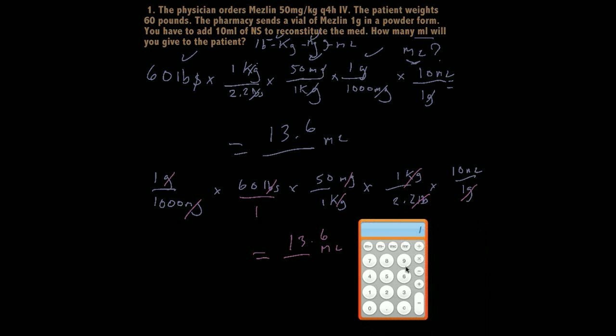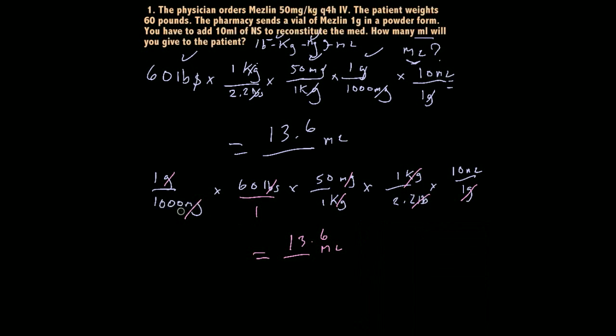So I've got 1 times 60 times 50 times 1 times 10 divided by 1,000 divided by 1 divided by 1 divided by 2.2 divided by 1. 13.6.